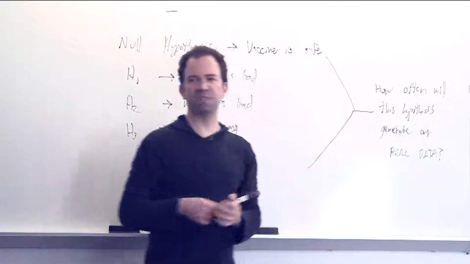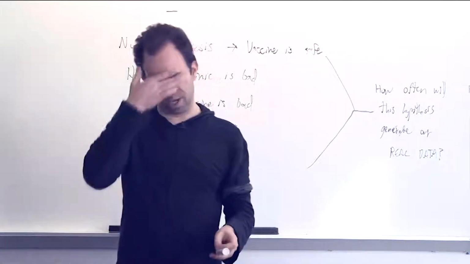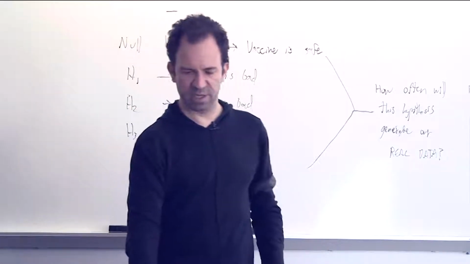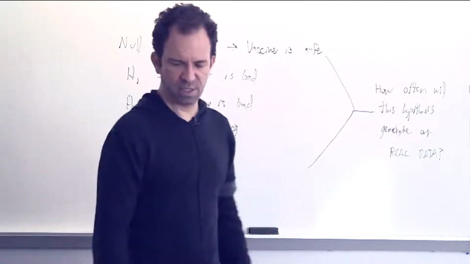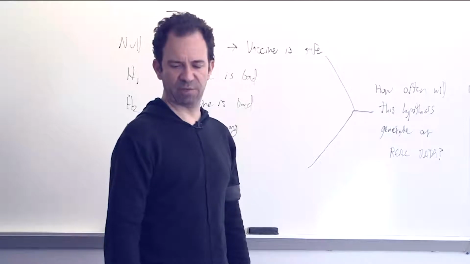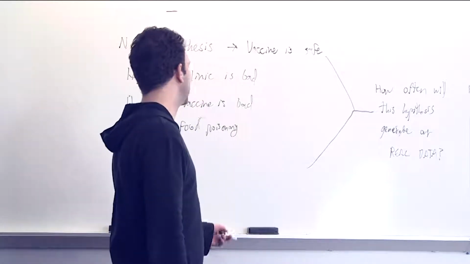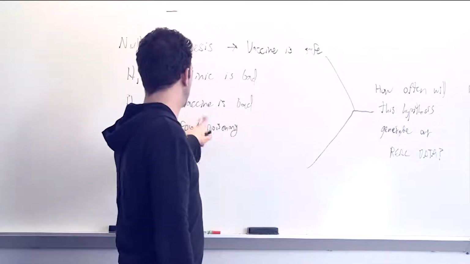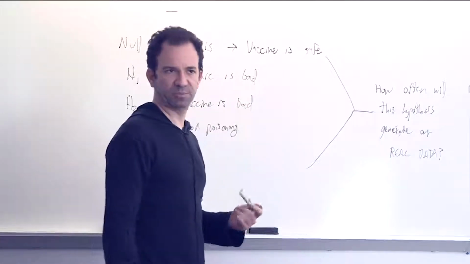Okay? So we have some real data, in this case 3 deaths in 1 day, or this word cloud, or these images. There's always some data that we observe. And the question we're asking is, for all of the hypotheses that might be causing this, how often will it generate the data?